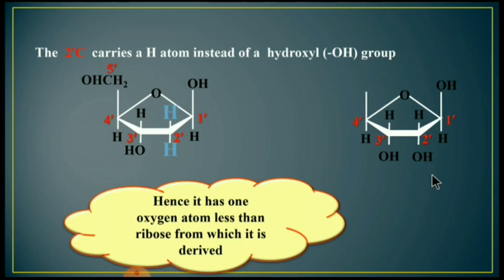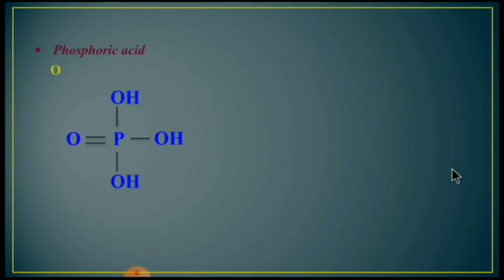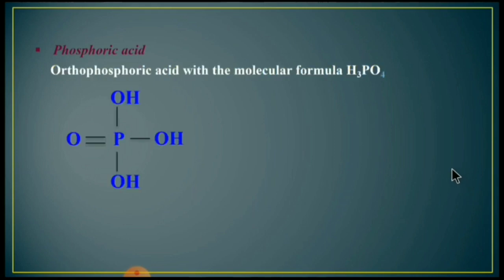So this is about the first component. We'll move to the second component, phosphoric acid or phosphate group. The phosphate group is a derivative of phosphoric acid. And what is this? Phosphoric acid is an orthophosphoric acid with the molecular formula H3PO4.